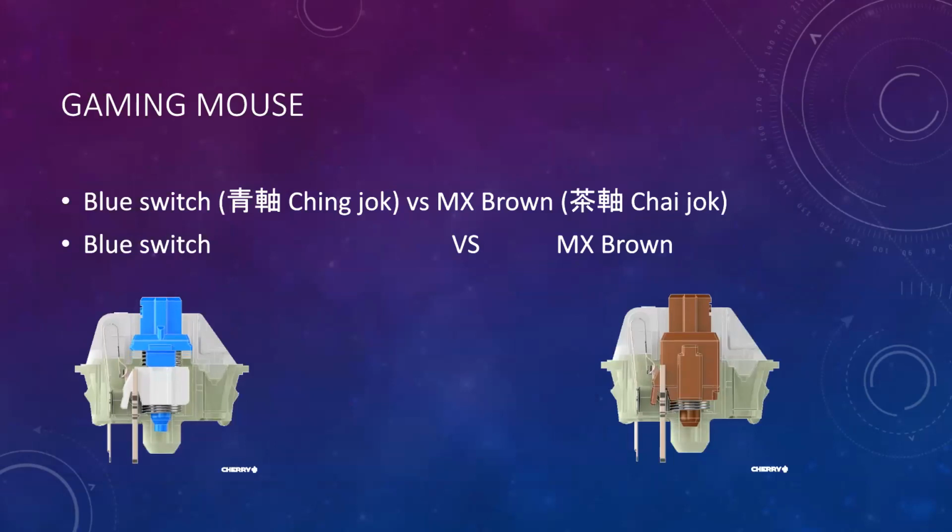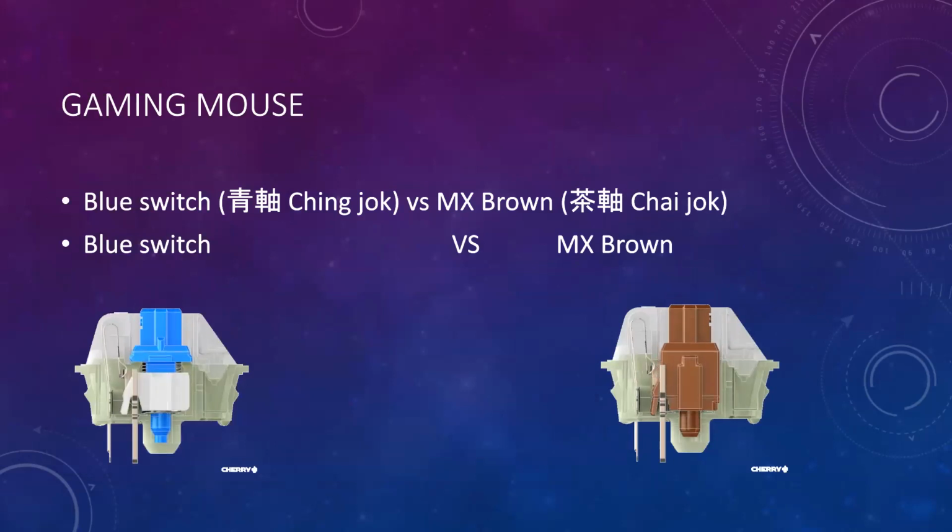And also the keyboard, with its sound difference. But I think it is a little bit annoying, so I just use my normal keyboard even when I play games, because the sound is so annoying to me. Sorry, that is my personal opinion. Maybe you will like the sound of the Blue switch and the MX Brown.